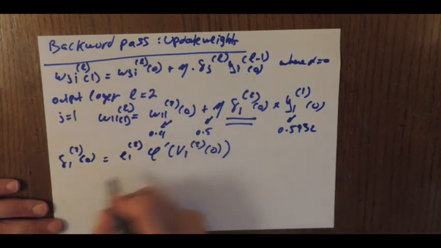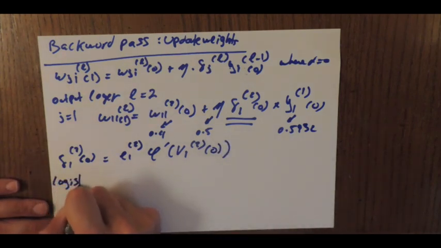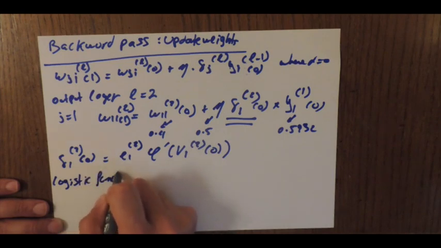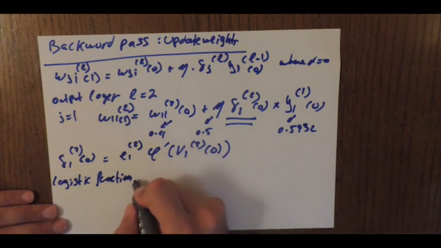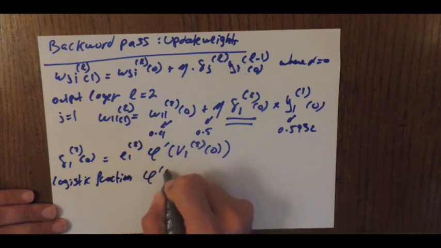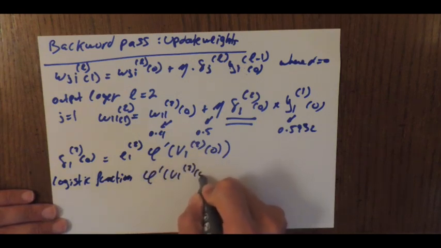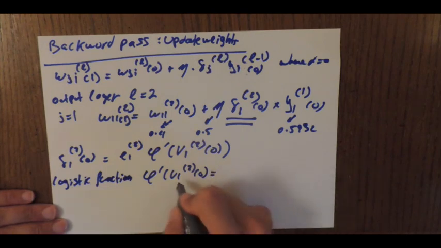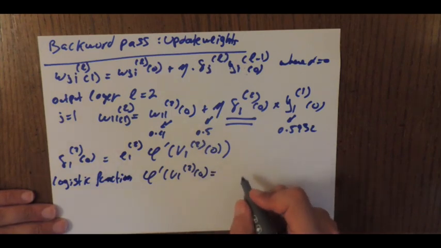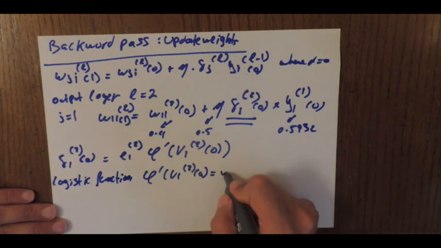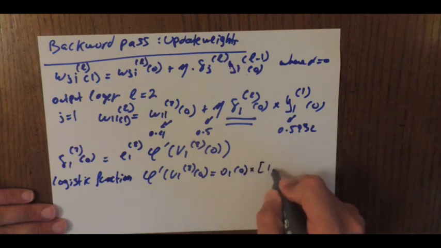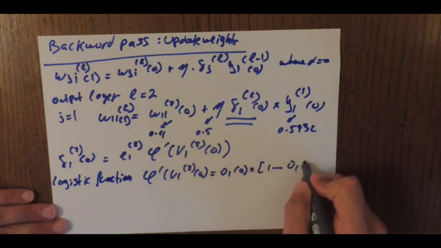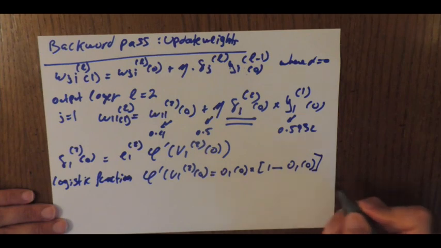So if we take the logistic function, the derivative is, if we take the value, phi 1 of v1 of 2 of 0, this will be equal to O1 of 0 times 1 minus O1 of 0.